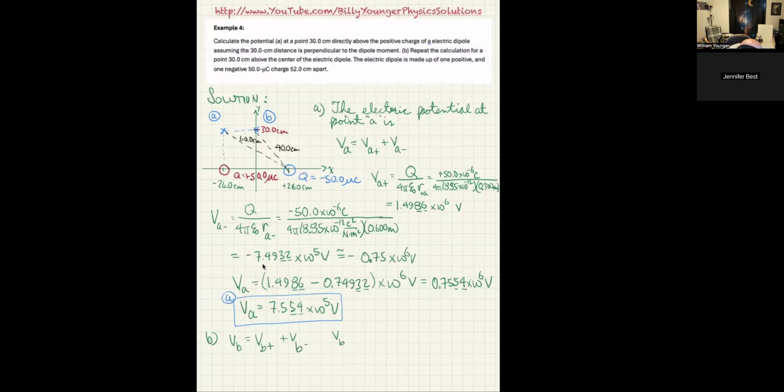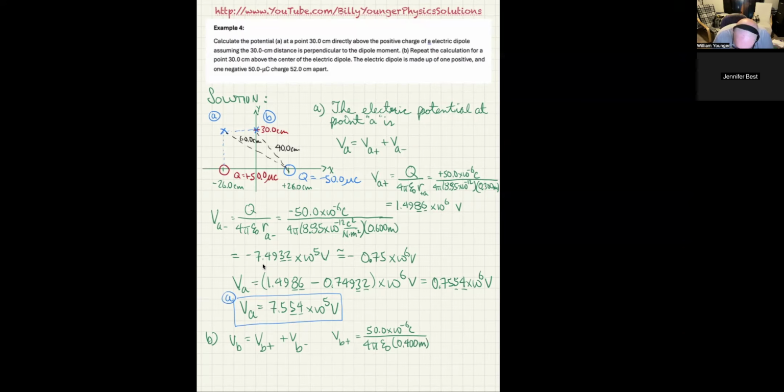The voltage at B due to the positive charge is going to be 50.0 times 10 to the negative 6 coulombs divided by 4 pi times epsilon naught times, by symmetry, the distance between point B and the positive charge is also 40 centimeters, so 0.400 meters.